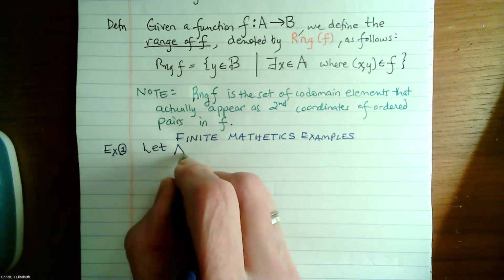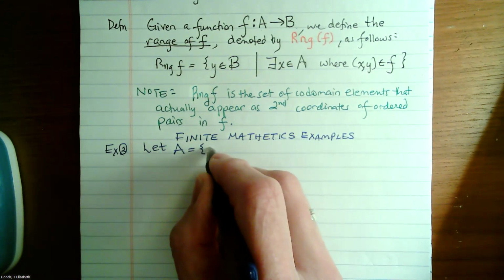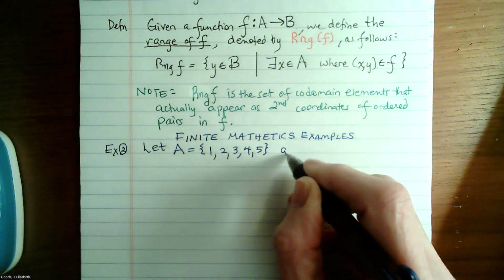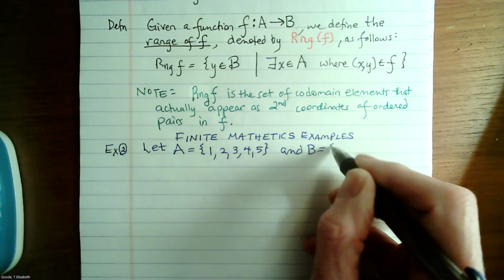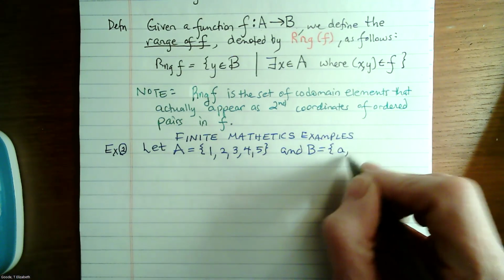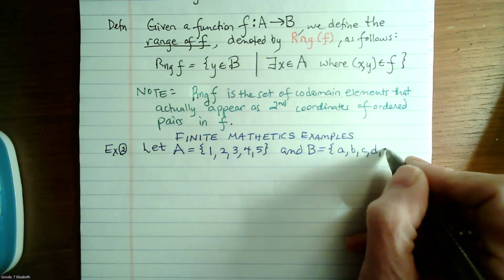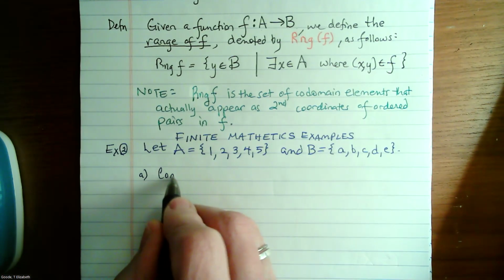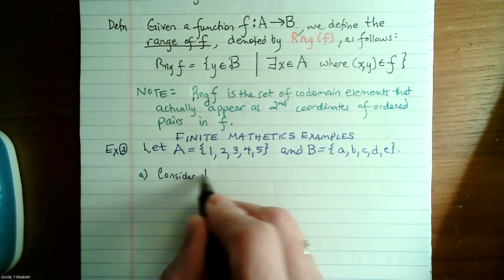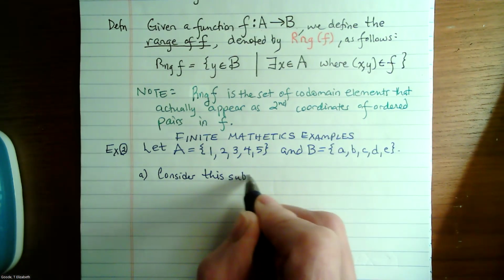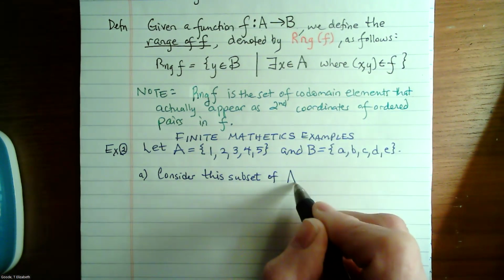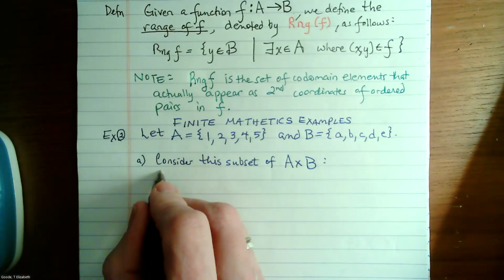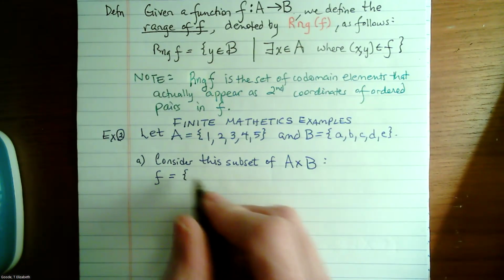Let's let set A be the set containing the elements 1, 2, 3, 4, and 5. And B, just for a little variety, let's say has the elements little a, little b, little c, little d, and little e. So consider this subset of A cross B. F equals, here we go, open set brackets.